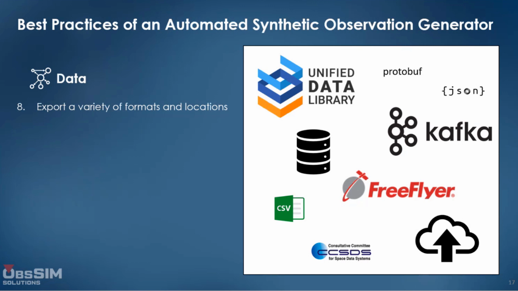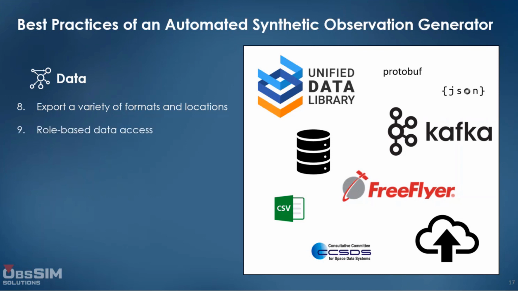So to different sources or to different destinations like the Unified Data Library, or perhaps Kafka topics or file drops or databases, those kinds of things. And then in a variety of formats, think JSON and protobuf and CSV files. You can follow the CCSDS formats. Having support for a large variety gives maximum flexibility to exercise designers.